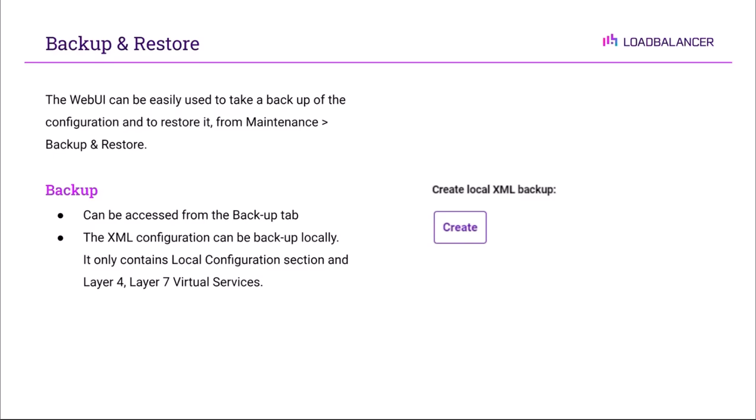That can be done via the web UI, and same on the left hand side, the menu, you go to maintenance and then the backup and restore, and then there are some tabs over there, and under the backup tab you will see that, well, at the bottom of the page you can create the local XML backup.